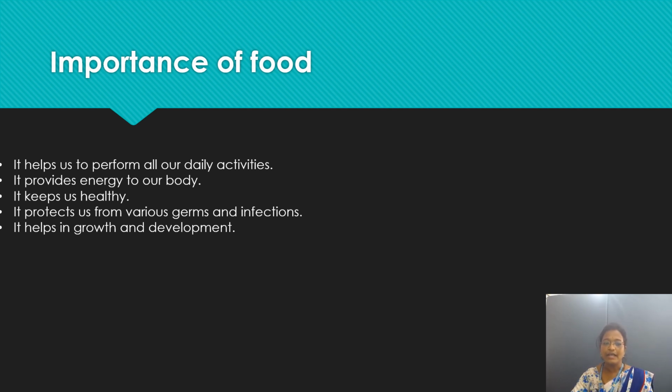Okay, next, it provides energy to our body. By eating food, what do we get? We get energy. Many food items are there from which we get energy, so we should have food to provide energy to our body. Next, it keeps us healthy. Eating a balanced diet helps us to be healthy, isn't it?